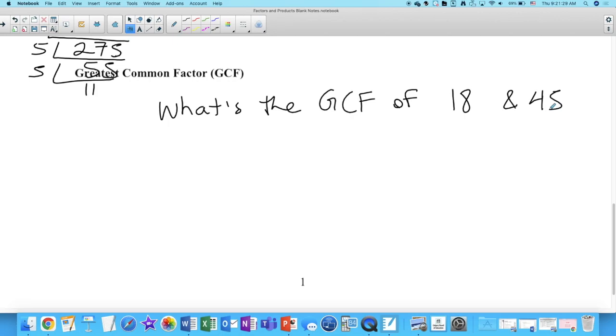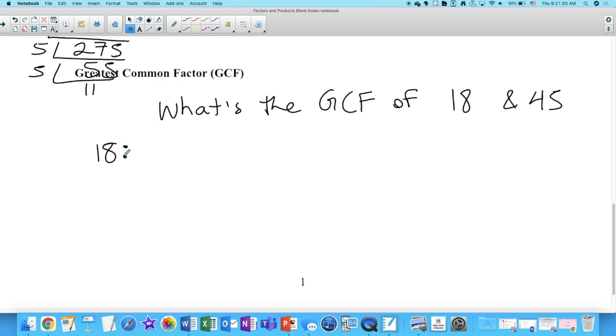Okay? So one strategy, I mean, many of you can do this one in your head, but when you were younger, what you may have been taught is we'll write out all of the factors of 18, write out all the factors of 45, and then compare, right? So for example, if we're looking at the factors of 18, I always start at the extreme and work inwards.